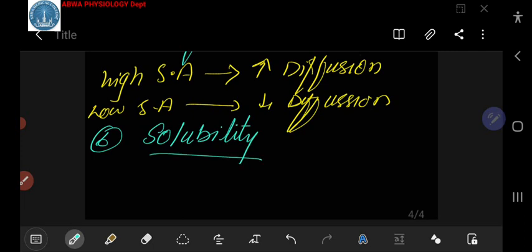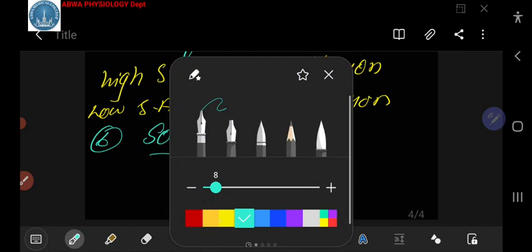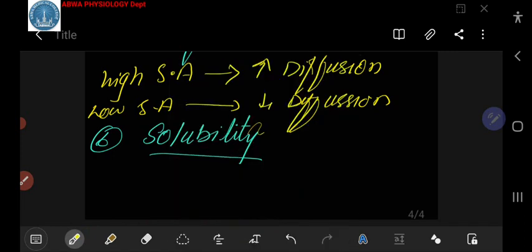How much the ions or molecules have to be diffused depends on how soluble they are in that medium. So it is directly proportional.